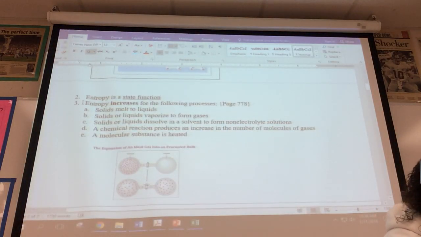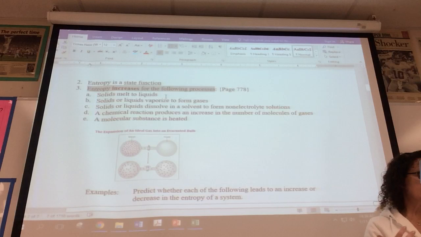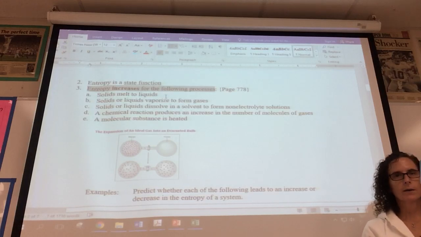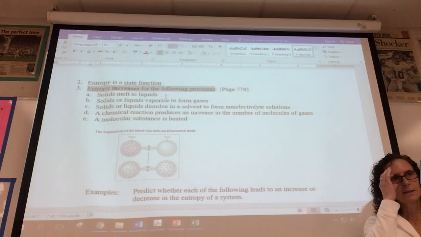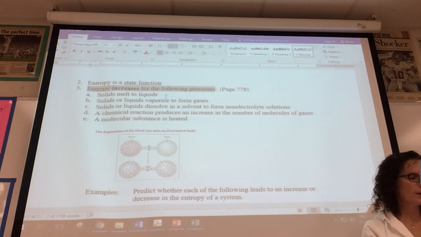You will see an increase in entropy for these processes. A solid melts to form a liquid. Which state has greater order, a solid or a liquid? Solid. Okay? So much greater order in a solid. So as a solid melts, you get more disorder, the entropy increases.